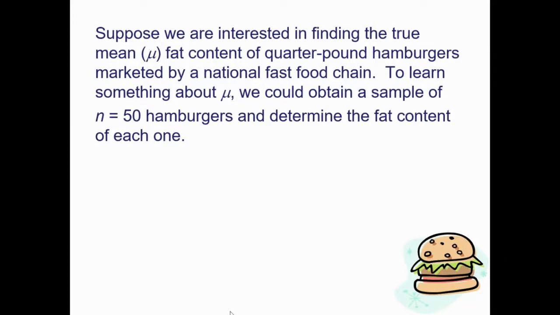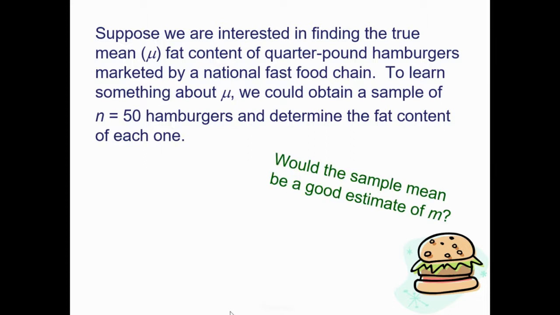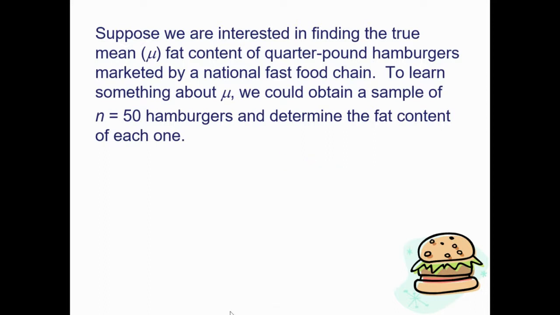To learn something about mu, we can obtain a sample of 50 hamburgers and determine the fat content of each one. Some of the questions that might come to mind as we're doing this, and we're not going to have answers for them right now: what would be a good sample mean?